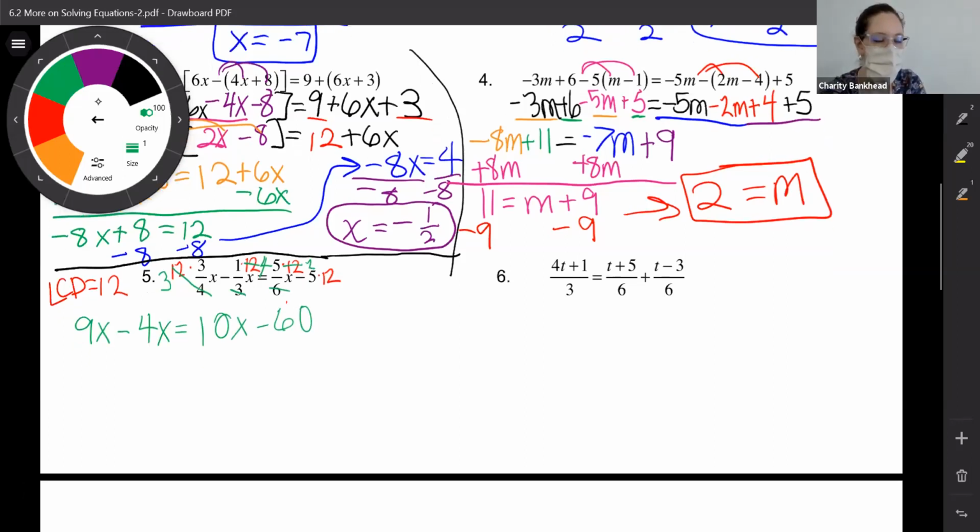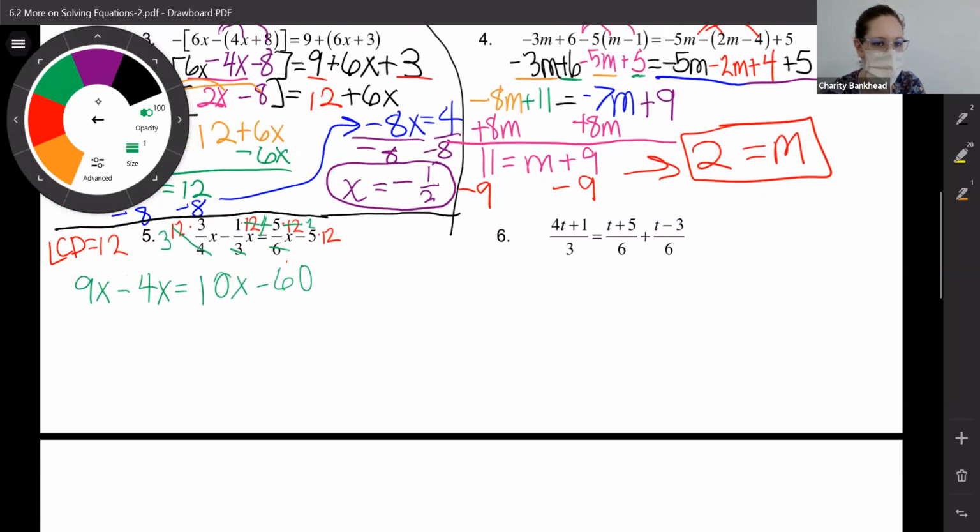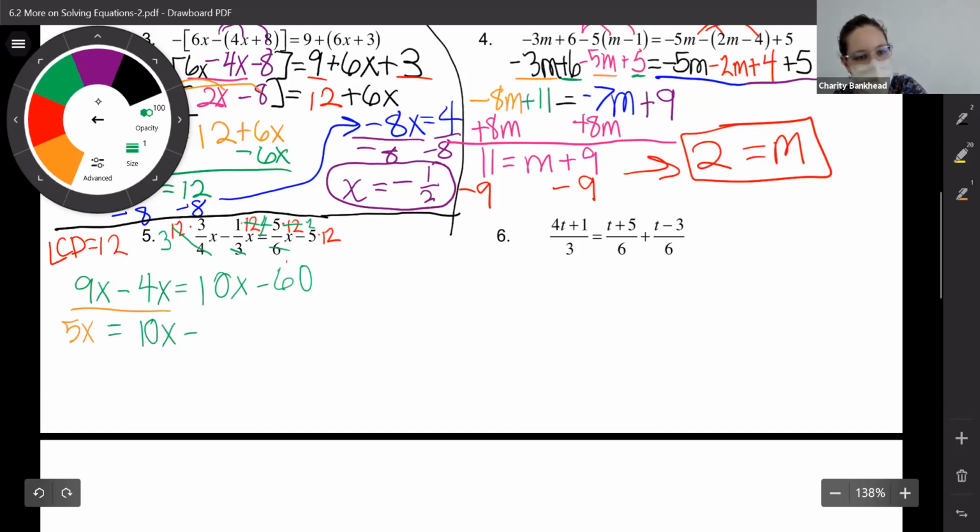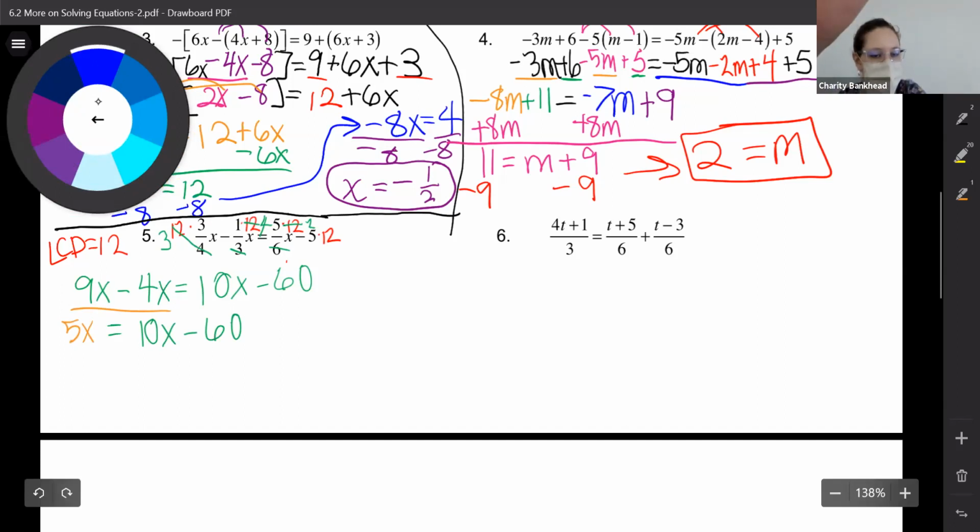All right, so now I'm rid of all those fractions, and I just want to combine the like terms. 9x minus 4x equals 5x, and just bring the rest of it down. So I got 5x equals 10x minus 60. Okay, but I still have x's on both sides of my equation, and I need to get it to where I only have x on one side. So I'm going to do that by subtracting 10x from both sides.